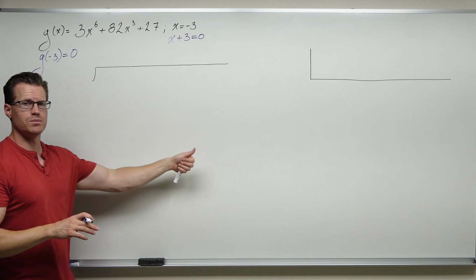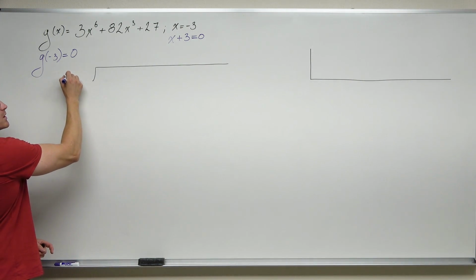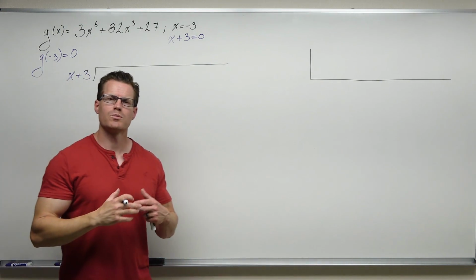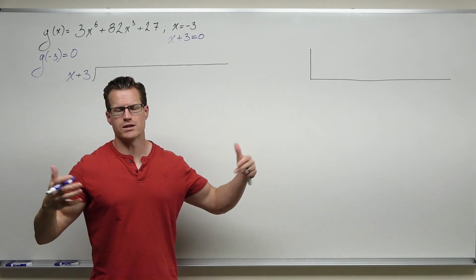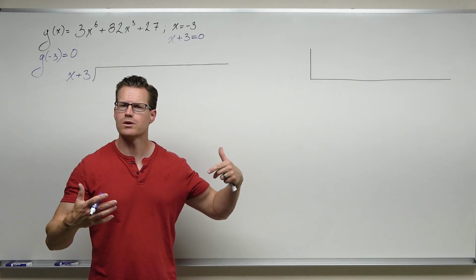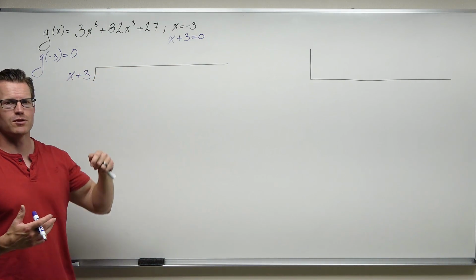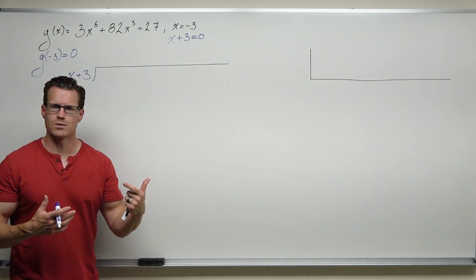This is what our remainder should be. This is what we're going to get when we divide. So we're going to put x plus 3 where we put our divisor, and we're going to put our polynomial inside of our division symbol. It's where the dividend goes. And so what we're going to be doing, though, is we're going to make sure that we have a power of x for every potential exponent less than 6. So 6 is our degree. We're going to start with that.